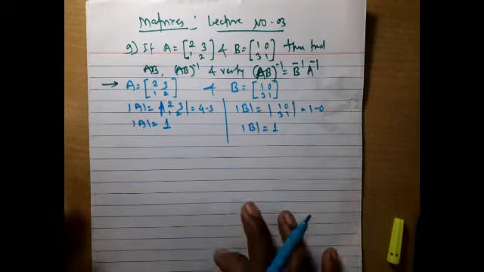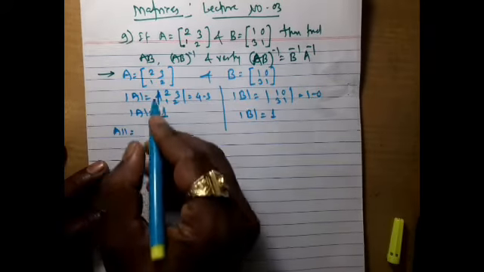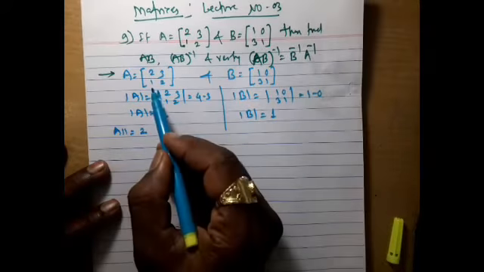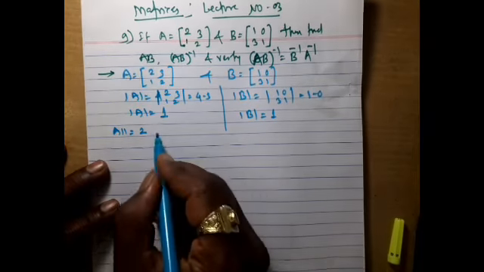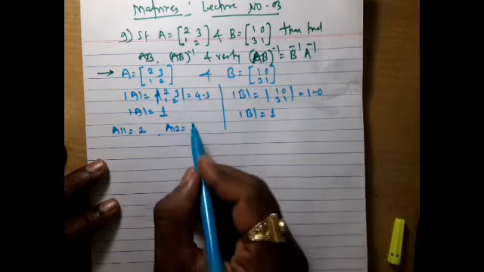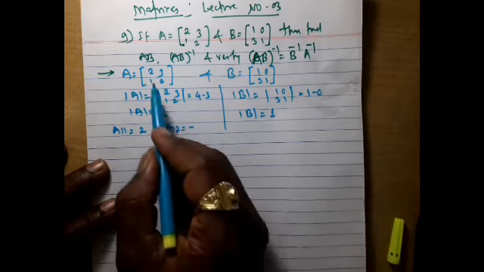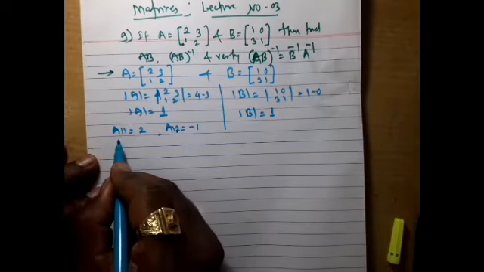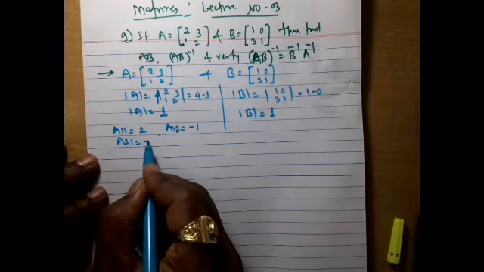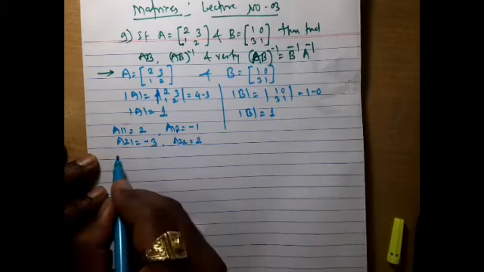That will be simple. So A11 is equal to 2. You know, it is obtained by deleting corresponding row and column. A12, that is this element, it will be minus, because minus 1 raised to 1 plus 2 into 3, it will be minus 3. A21 is also minus 1 and A22 is 2.